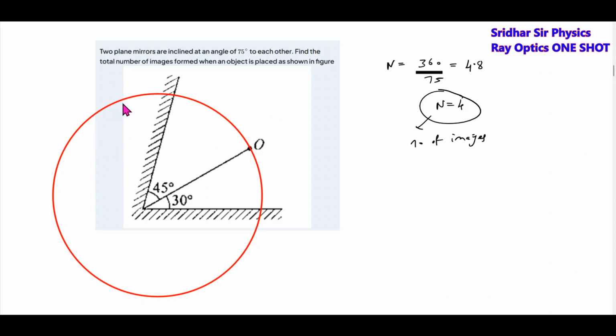And the images will be on the circle. One will be here, symmetric, I2, then I3, the other will be I4. Agreed? So we will take the next condition.